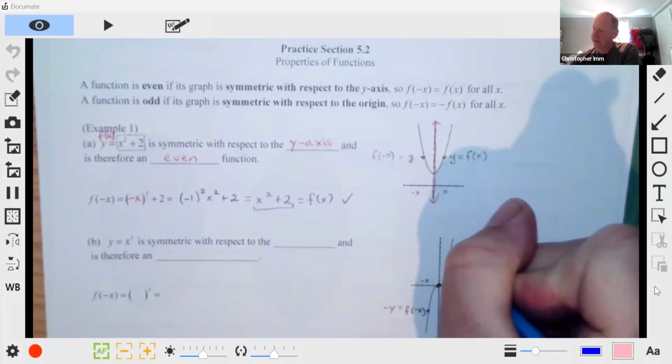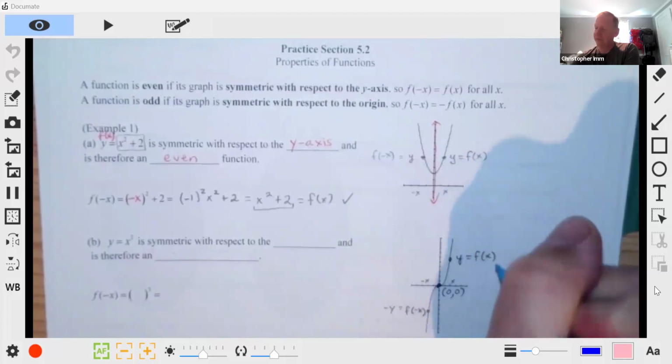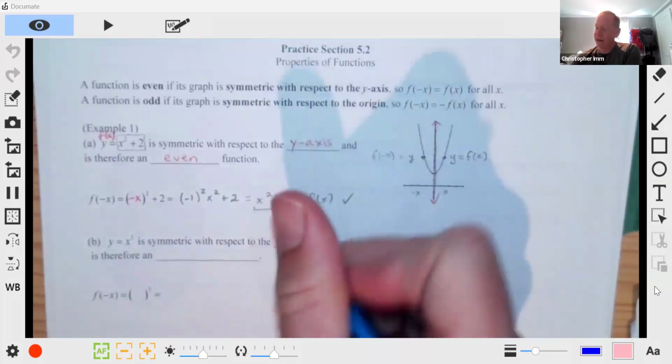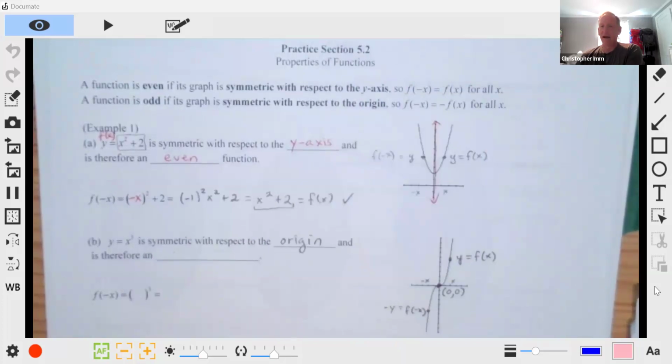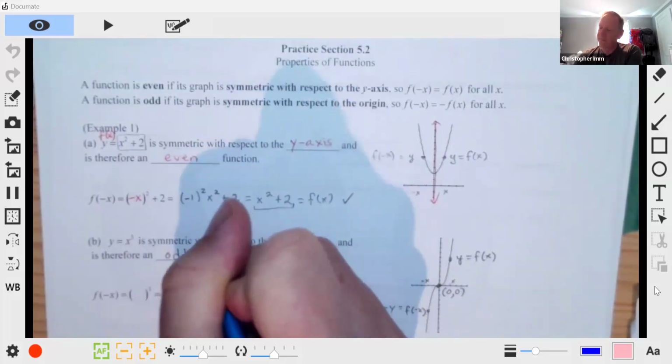So this should be up exactly the same amount as my f of negative x was down for all of those values there. So we can say that y equals x cubed is symmetric with respect to the origin if we're looking at things geometrically. Therefore, it is an odd function.